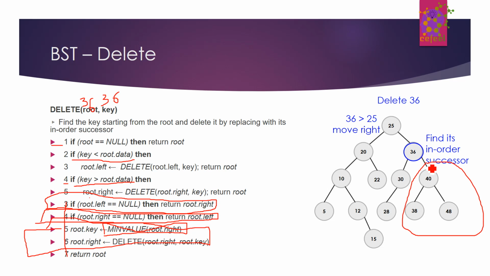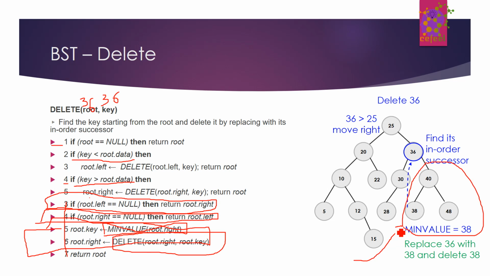We'll see shortly how the min value method works. This will return min value as 38, and 38 will replace 36, and then 38 will be deleted. So we replace 36 with 38, and make a recursive call with root.right, which means the right subtree, and root.key, which is 38. The delete method will recursively be called on this.